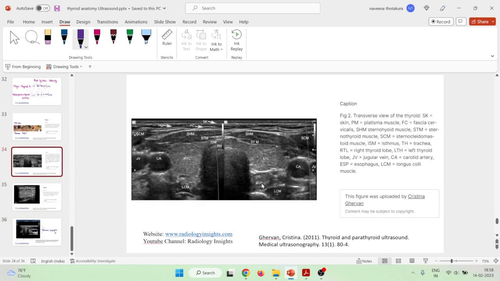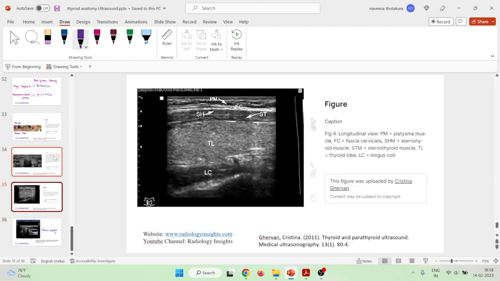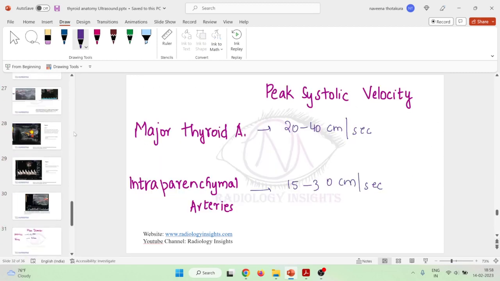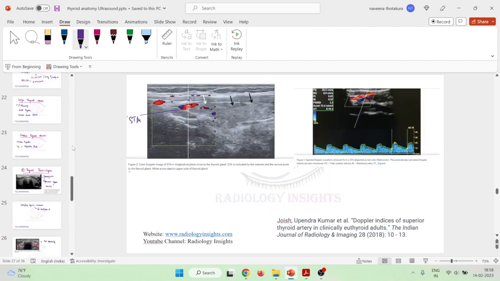This esophagus is actually found laterally, that too on the left side. So this is left, this is right. This esophagus is found laterally and to the left side in the neck, at the level of the thyroid gland. So these are some important points about the thyroid gland visualization in ultrasonography.